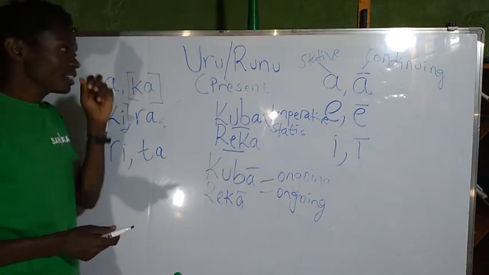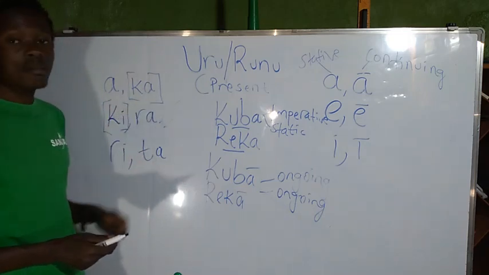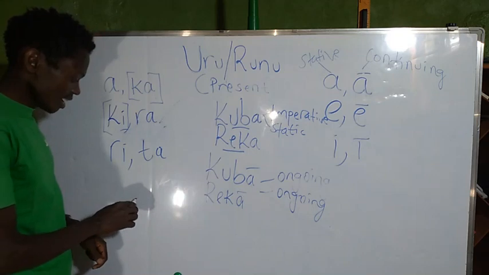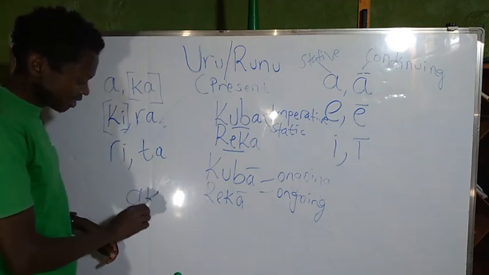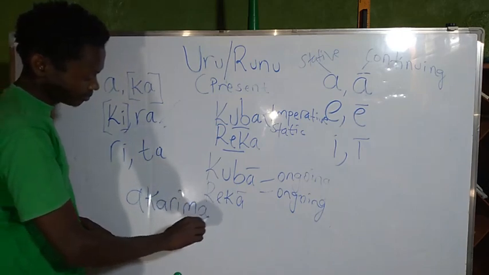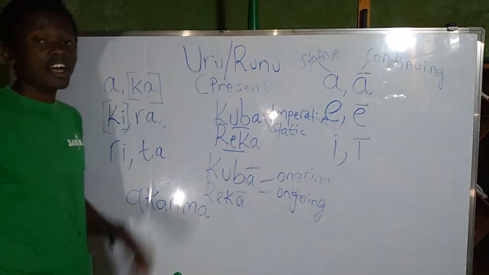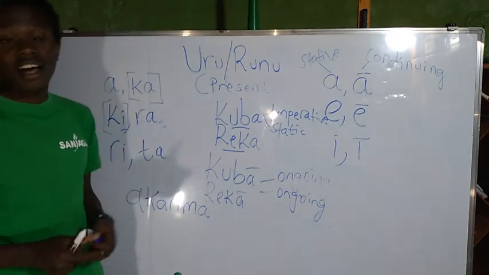So that if someone says Akarima, or akarima, the ka here is a little bit of doubt or asking.